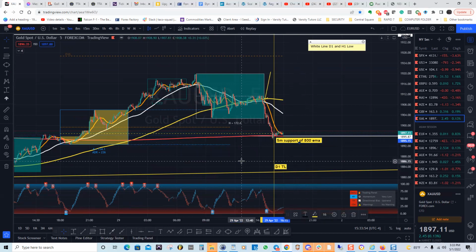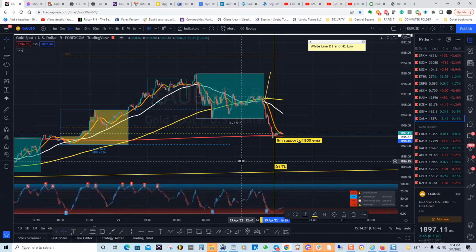So on the 5-minute, it's going to flex energy. Say it again, I didn't hear you. Okay, so on the 5 minute then, more than likely, because we're still in a downward trend.